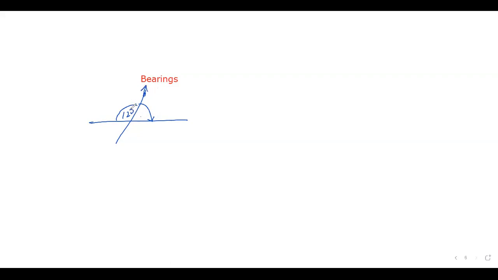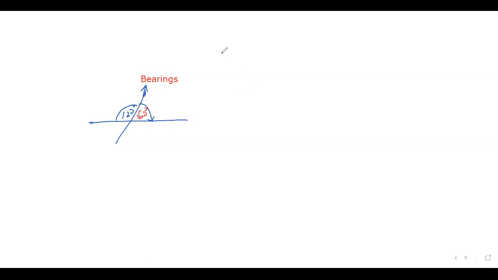If this side is 120 degrees and I want to find this angle, what will it be? No, sir. So 60. Why 60? Because angles on a straight line add up to 180 degrees. So if here is 120, you'll have 60. All right, so this is one thing we have to know.